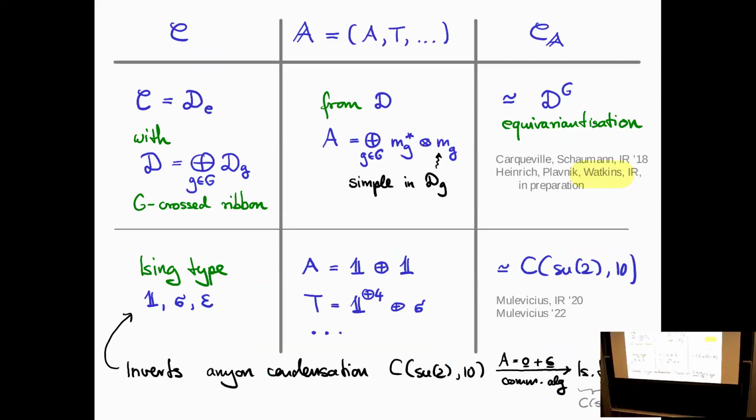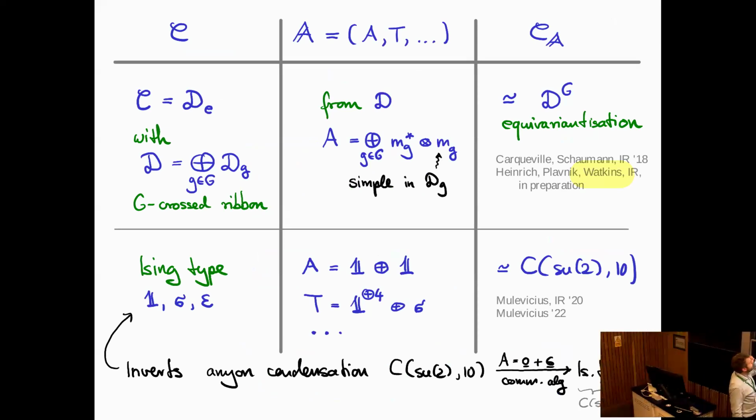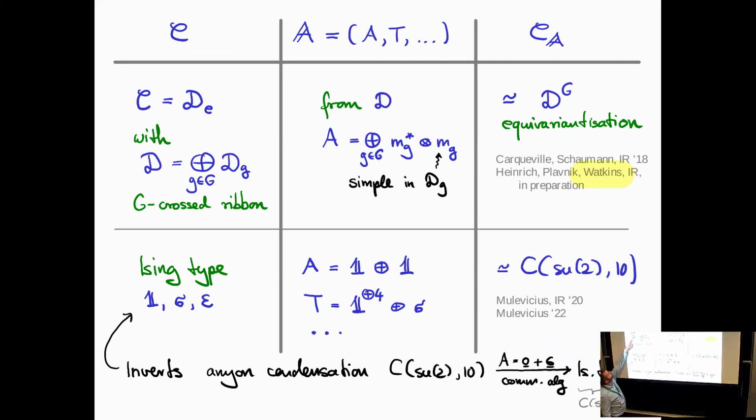Okay, more examples. So suppose I've got a G-crossed ribbon category. Then I can take its neutral component. That's going to be my modular fusion category. I use this to define my TFT. And then I use the G-crossed category to define an orbifold datum. And the algebra looks like this.